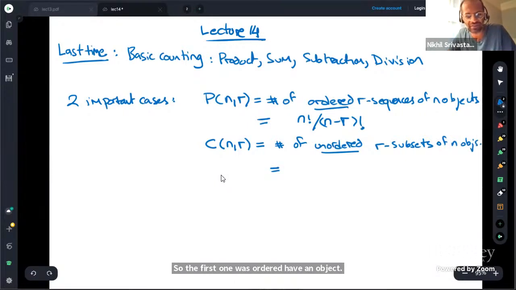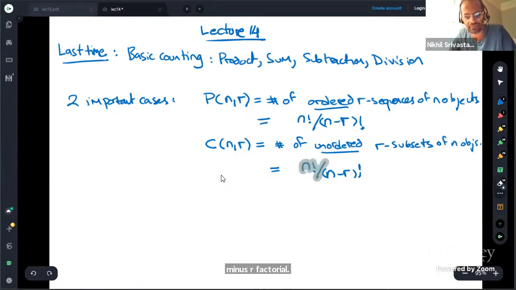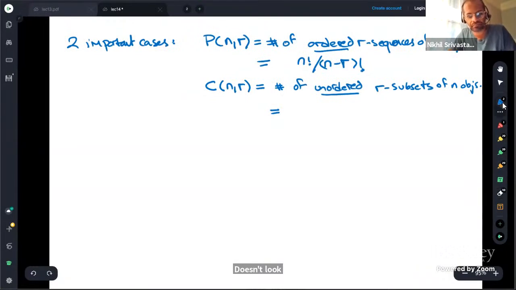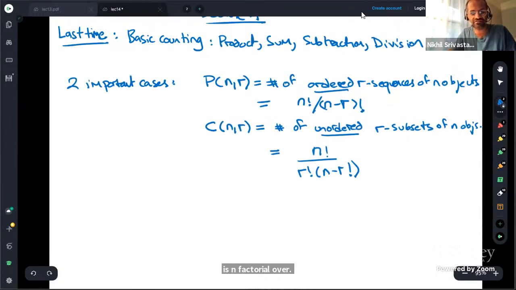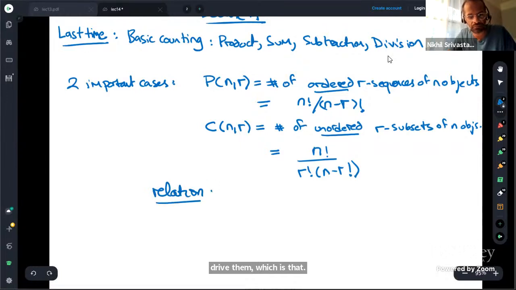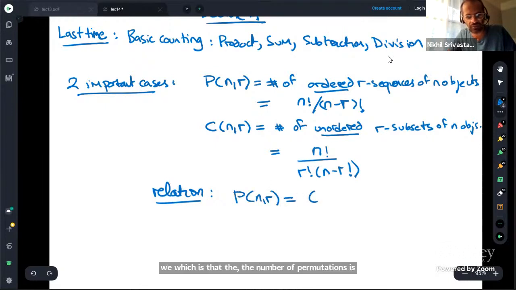The number of combinations is n factorial over r factorial times (n minus r) factorial. And there's a relationship between these numbers, which is actually how we derived them: the number of permutations is equal to the number of combinations times r factorial.